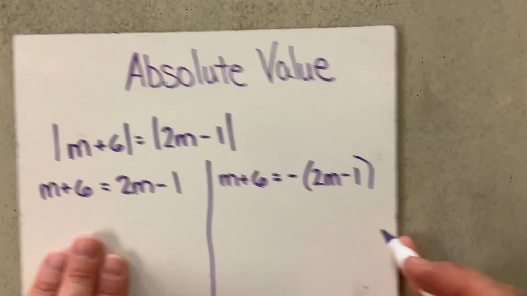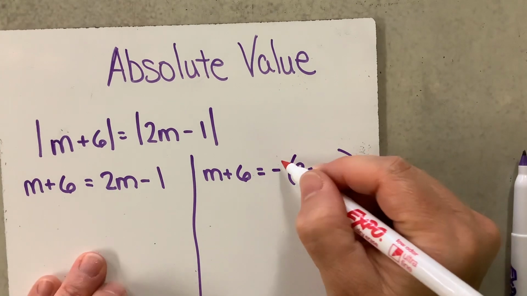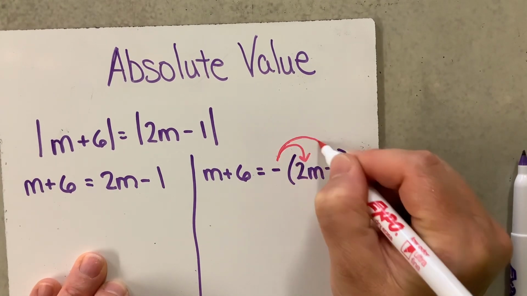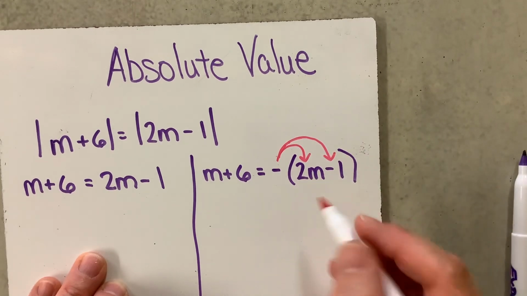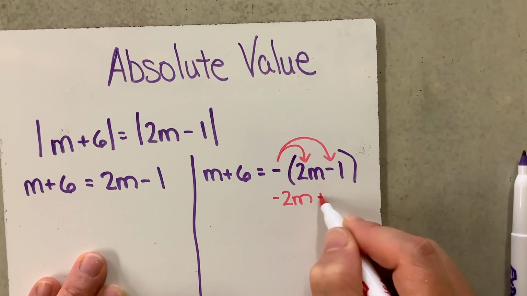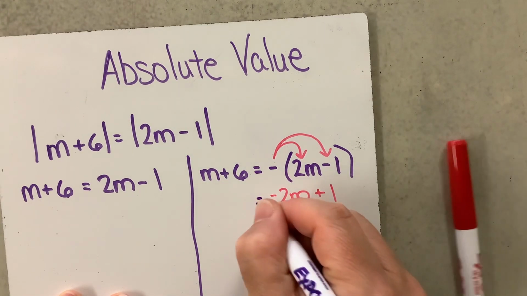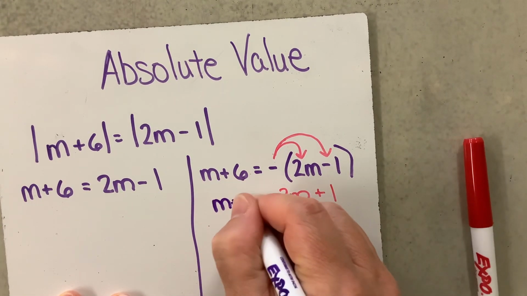I'm going to start on this one. The first thing we have to do is distribute that negative to both pieces, so they just switch their signs. So negative 2m plus 1. Be careful of that. That's going to equal m plus 6.